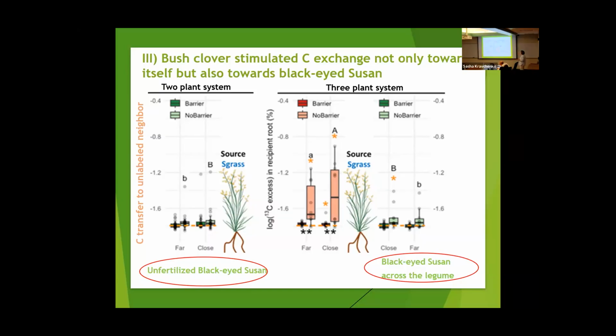And very interesting, having clover as a neighbor, with its high carbon transfer from the switchgrass, seems to, I don't know, maybe put that switchgrass in a good mood and make it move carbon to the black-eyed Susan as well.